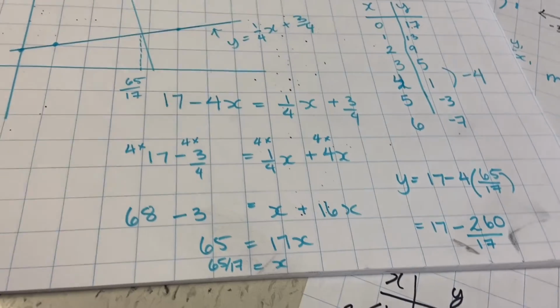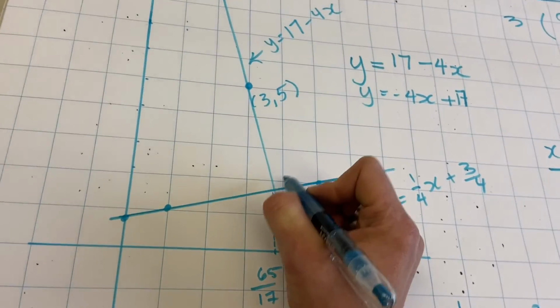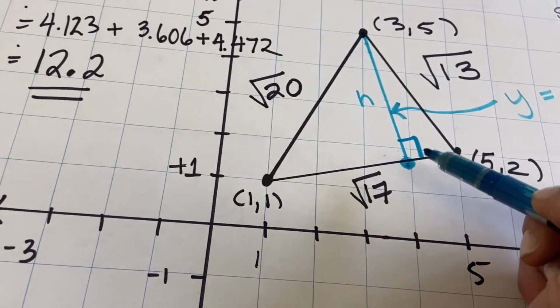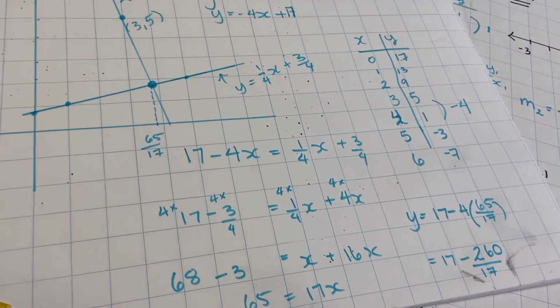And then I want to simplify that fraction, and that fraction will tell me the point of intersection right here, where the base and the height intersect.